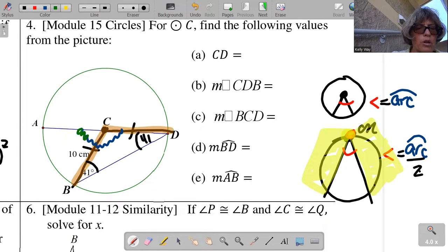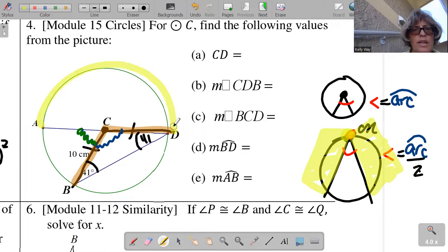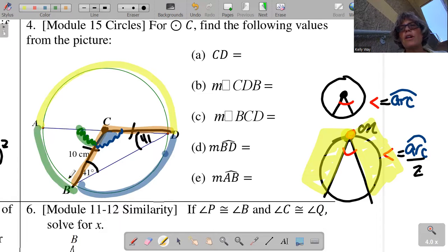Excuse me, let me color code it. 180 there. And don't forget, you get 180 going this way. And whatever this angle is, the arc is the same. Then you can find this angle, this arc. And take it from there.